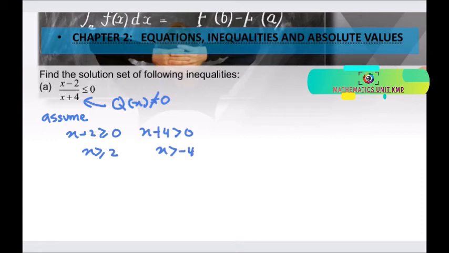Okay, so let's use the number line. Okay, for negative 4, open interval, not include negative 4. For 2, close interval.